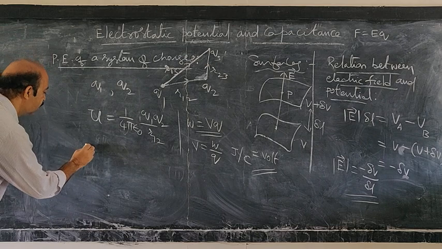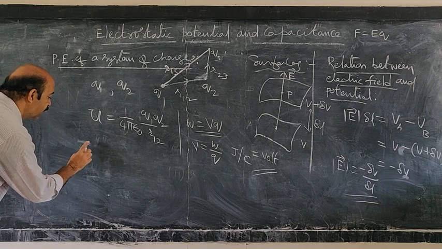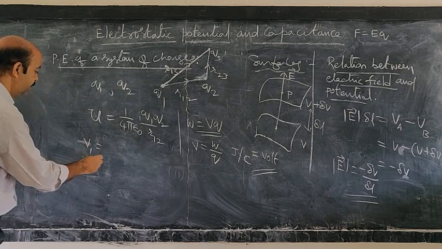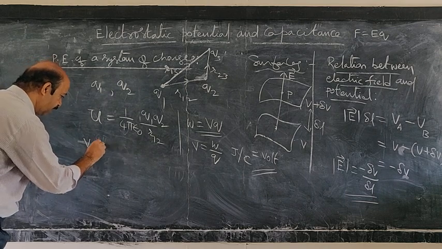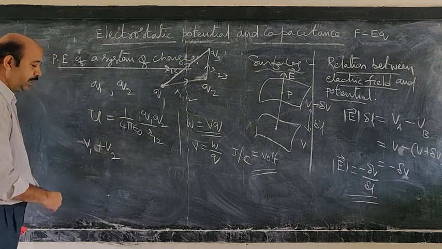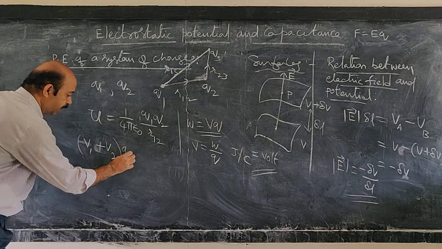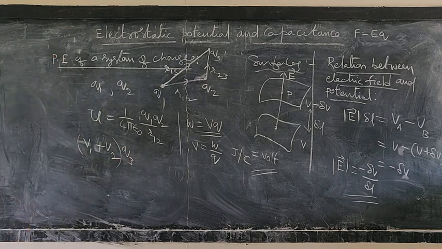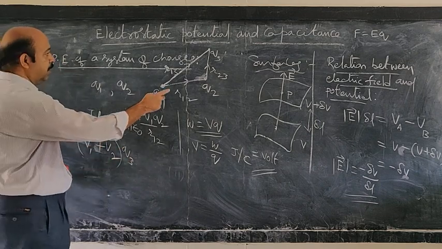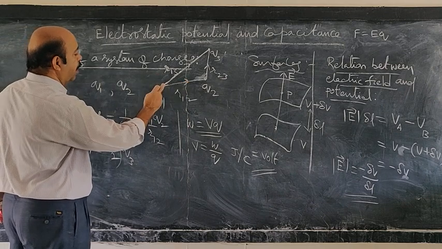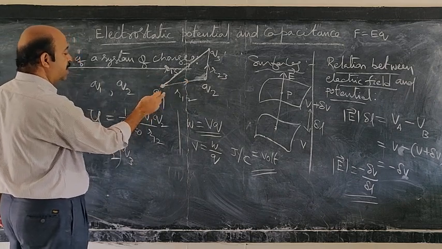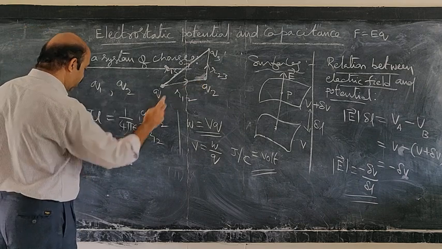So therefore the potential due to Q1 and Q2 is our total potential, V1 plus V2, we can write. Then multiplied with the charge Q3 gives the potential energy, due to work done against the electric field created by Q1 and Q2.